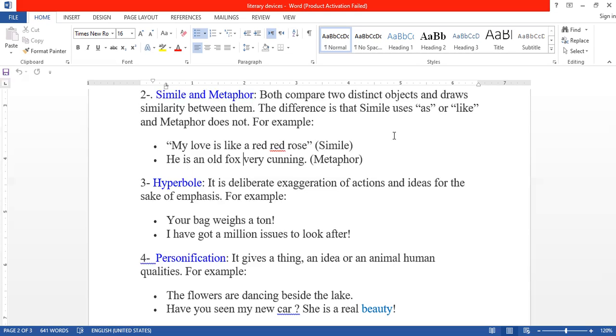If you want to tell someone that your bag is very heavy, you will say your bag weighs a ton. In fact, his bag doesn't weigh a ton, because you are exaggerating.